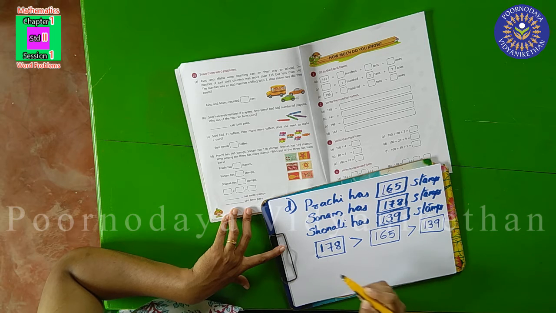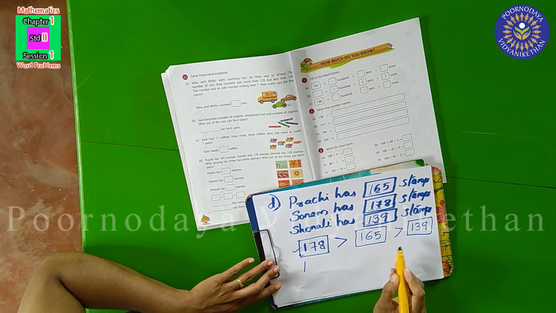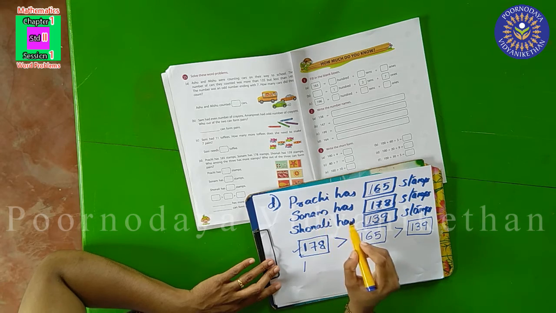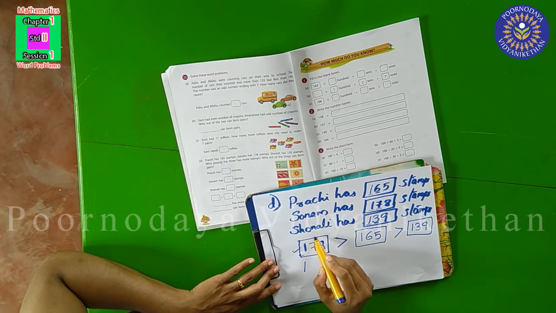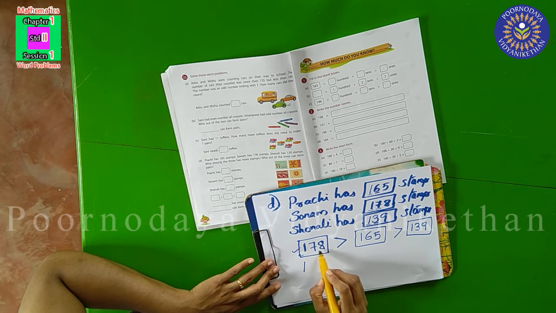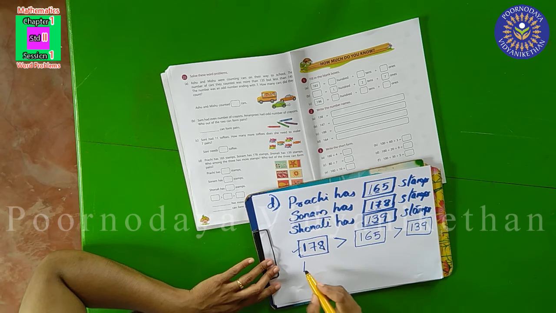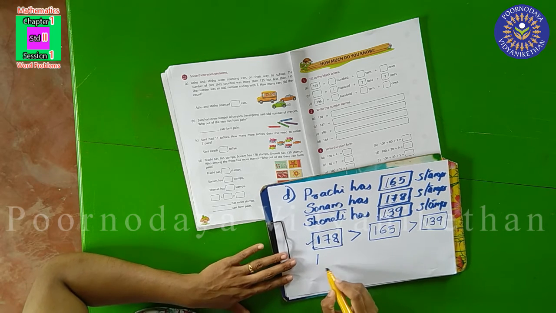From this we can write the answer. Now who has more stamps? Prachi, Sonam, Sonali. The bigger number is 178. The 178 stamps were collected by Sonam. So we can write the answer.